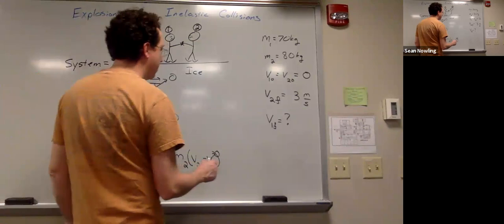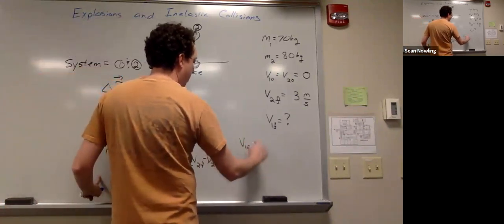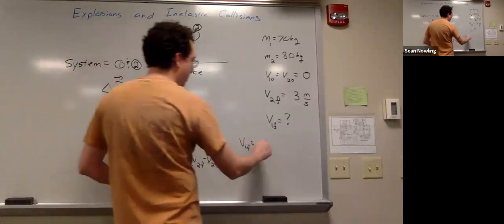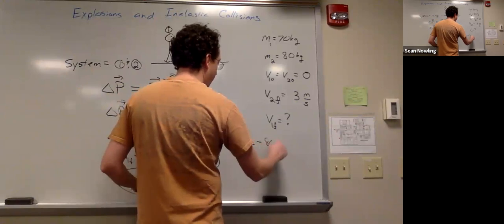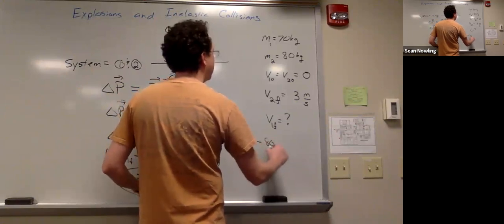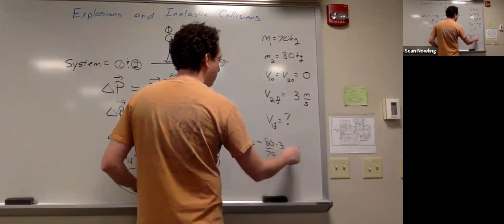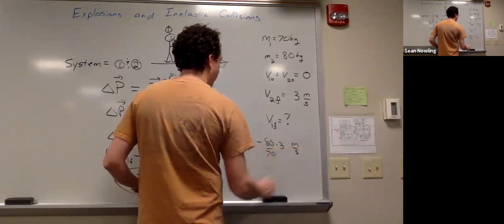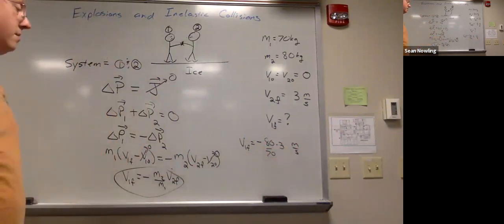Plugging in my numbers, I have that v1 final equals minus, let's remember, 80 divided by 70 times 3. And the units will come out in meters per second. So that's going to be 24 divided by 7.